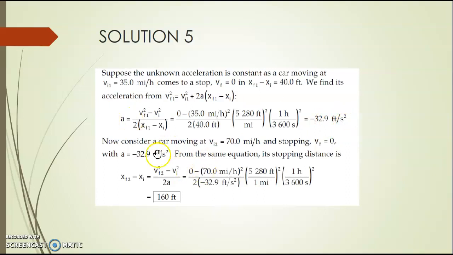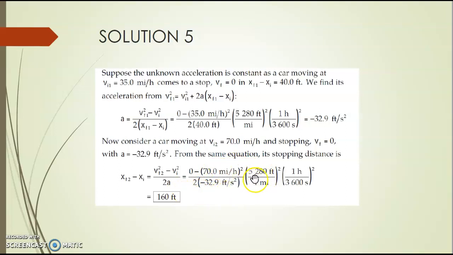Now we consider a car moving at 70 miles per hour and stopping with an acceleration of negative 32.9 feet per second squared. From the same equation, its stopping distance is, our final velocity is 0 and initial is 70 miles per hour.